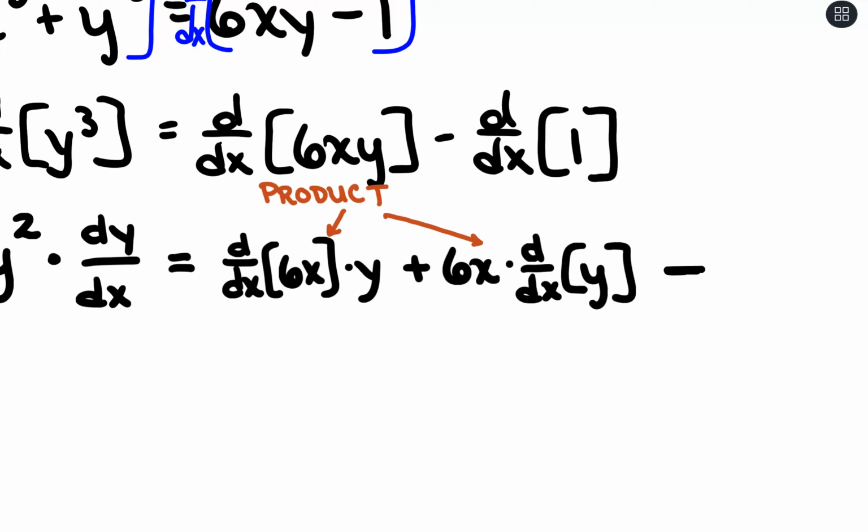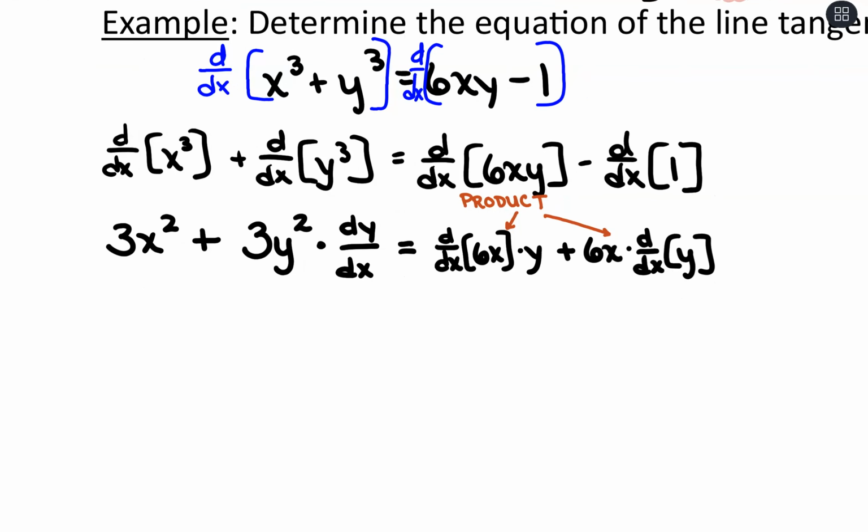And then we have minus the derivative with respect to x of just a constant of 1, which is 0. So I'm going to go ahead and just take that away. But there is a minus 0 out here, but that just disappears. We don't want to forget that last derivative, but it doesn't add much in terms of our equation. Okay, so I'm not quite done taking the derivative yet.